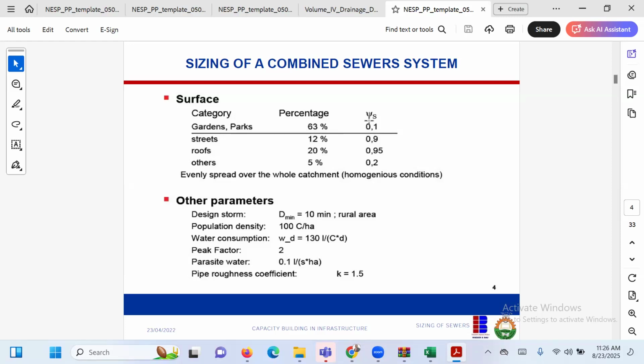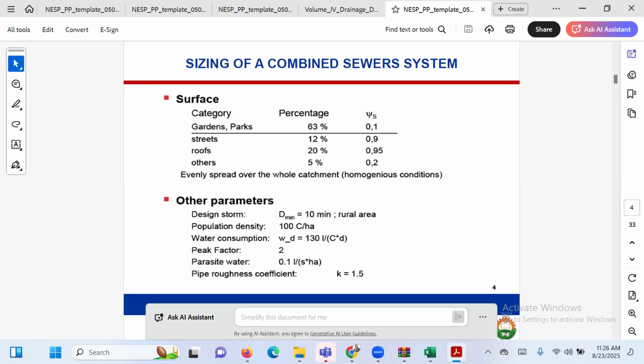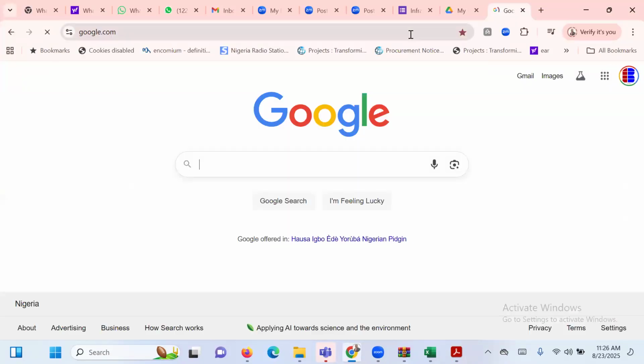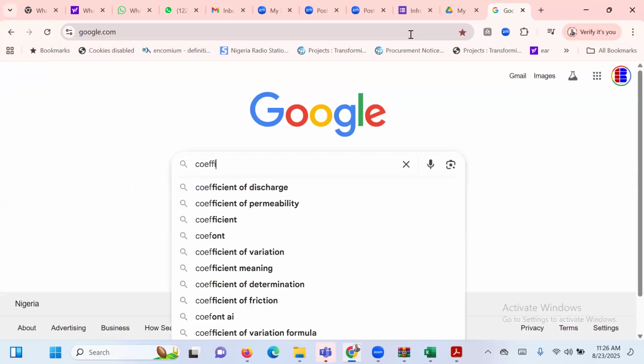In this catchment, 63% of the space is gardens and park, and the runoff coefficient is 0.1. A table will show us; you can just go online and search for runoff coefficient table. Let me show us. If you go online, say coefficient of discharge.